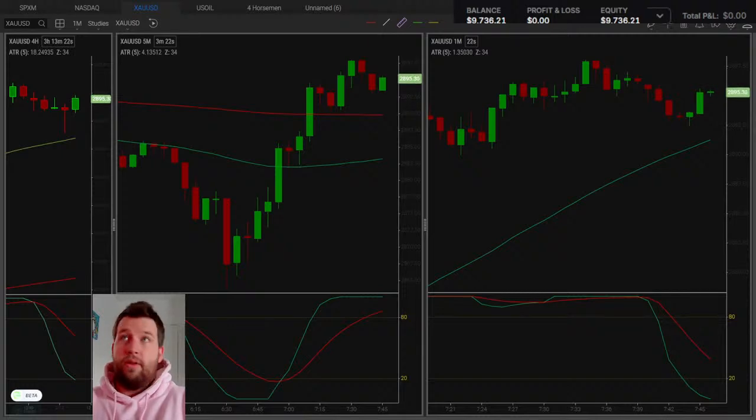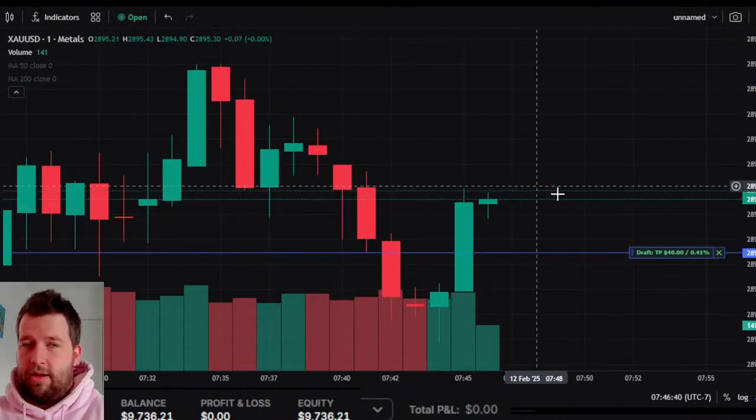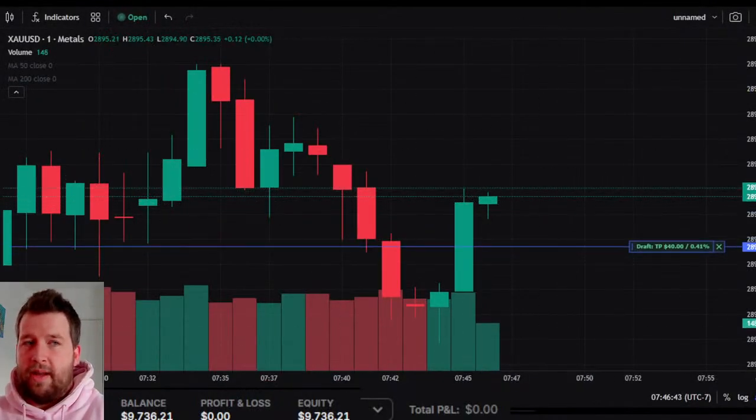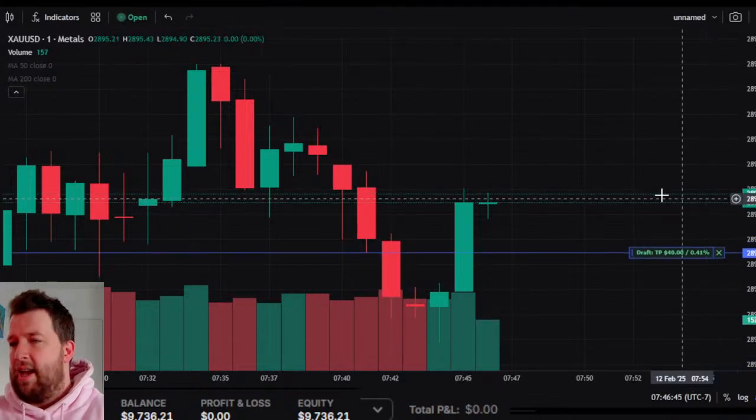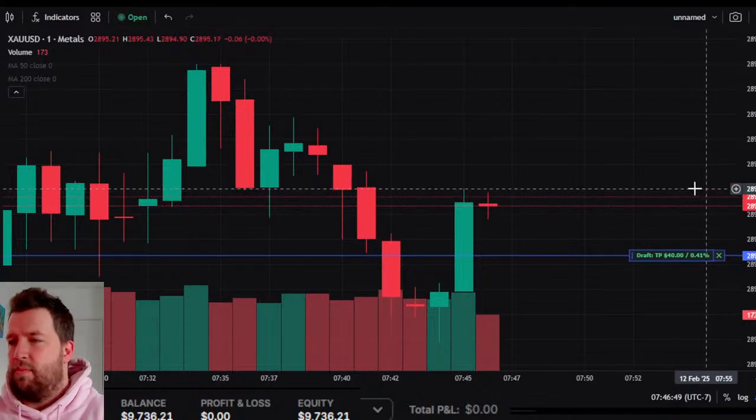Let's see, I'll actually pull up the other screen here. So this is our chart on TradeLocker. We have some stuff on the side here, basically our order window, I guess.